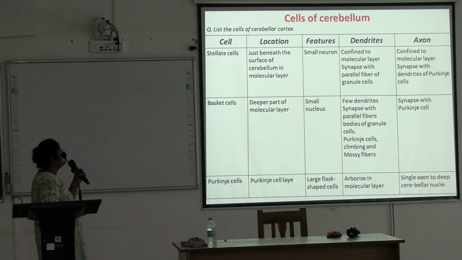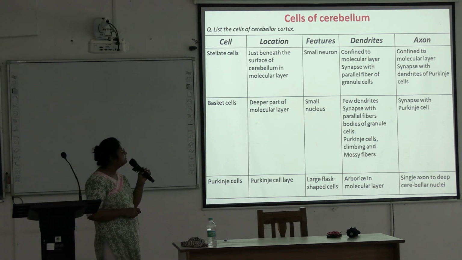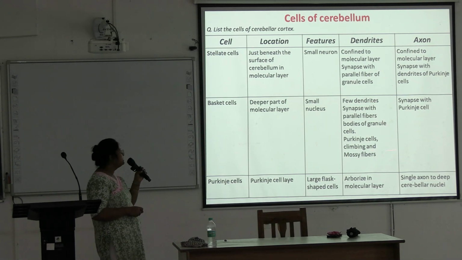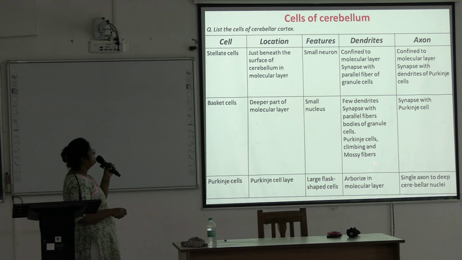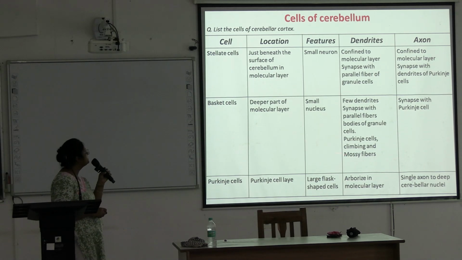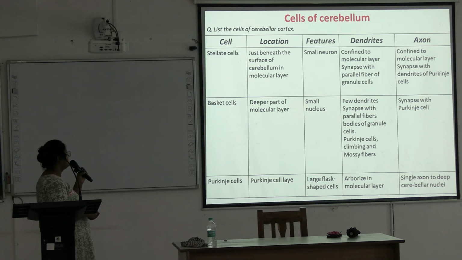They are located in the deeper part of the molecular layer. They have a small nucleus and few dendrites, synapse with the parallel fibers, bodies of the granule cells, Purkinje cells, climbing and mossy fibers, and their axons synapse with the Purkinje cells. So these two are located in the molecular layer, as you have seen in the picture.